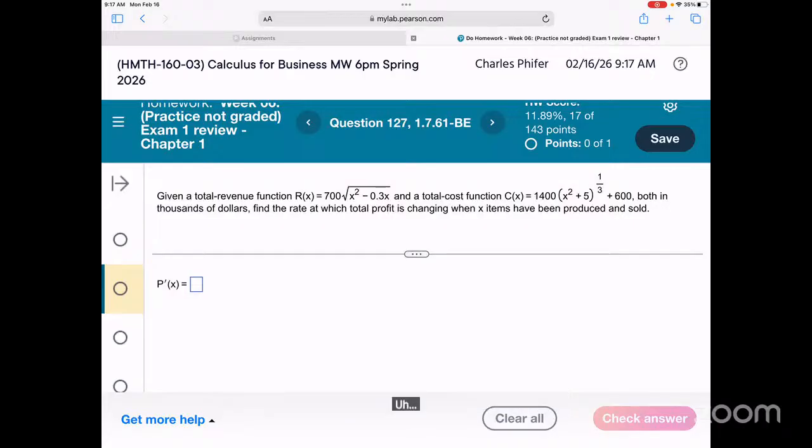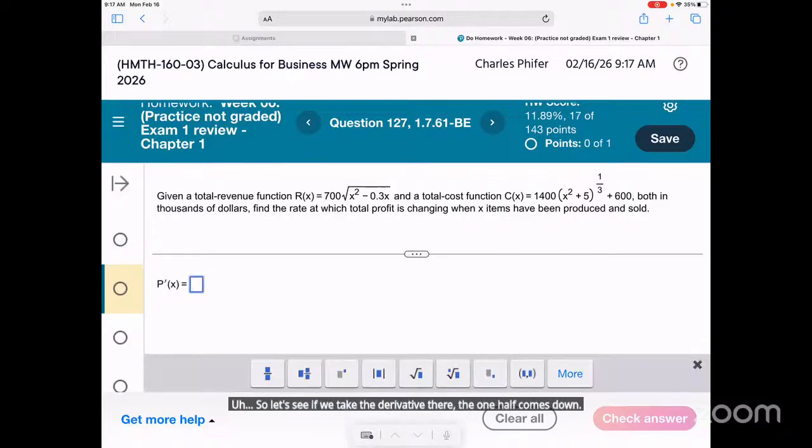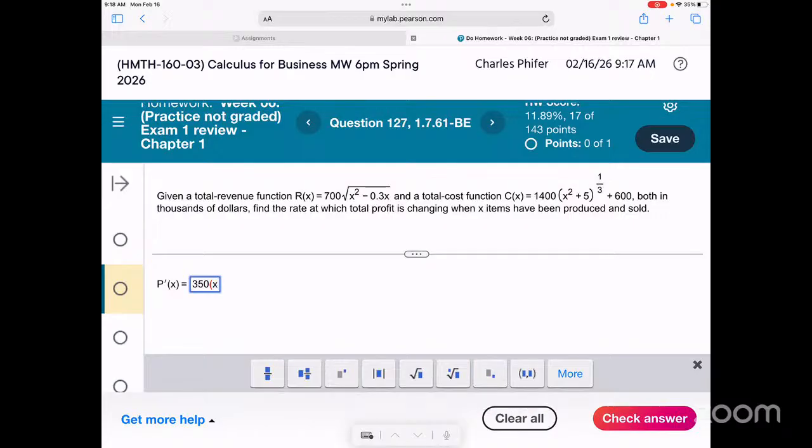So let's see. If we take the derivative there, the 1/2 comes down. So that's going to be what, 350? Now times, we have to apply the chain rule. That's going to be x squared minus 0.3x to the power of -1/2.